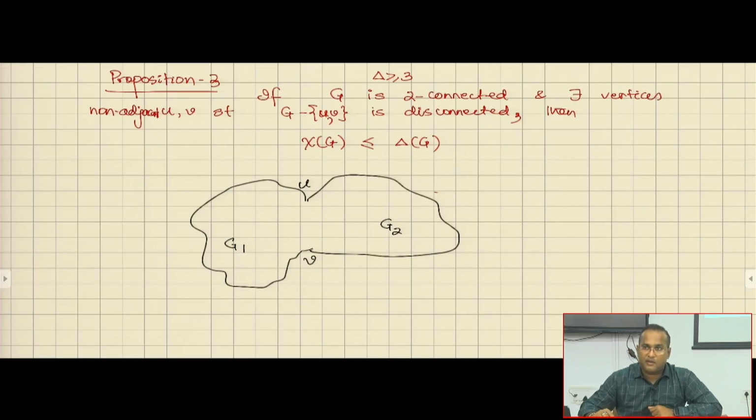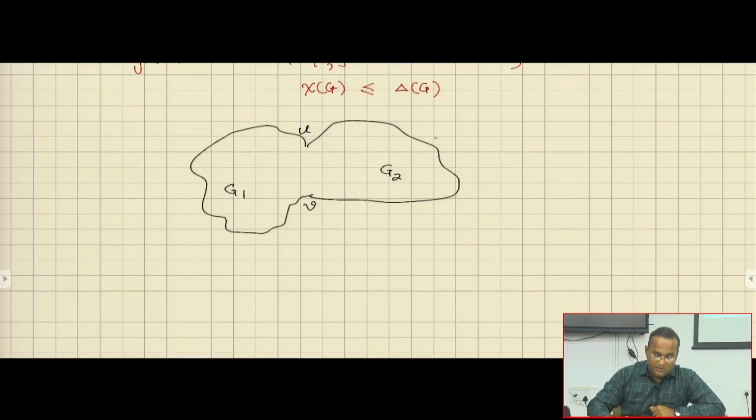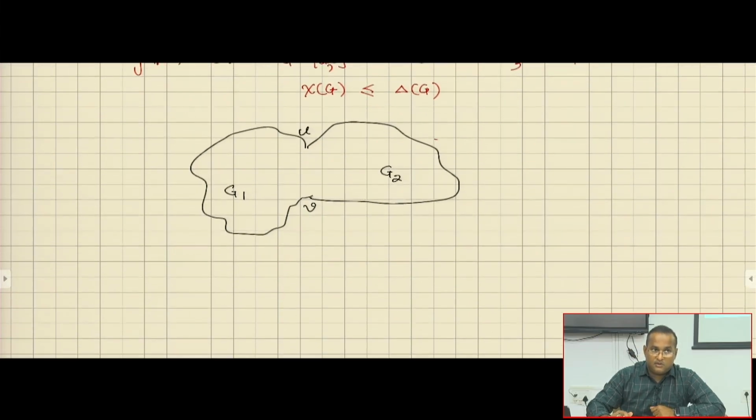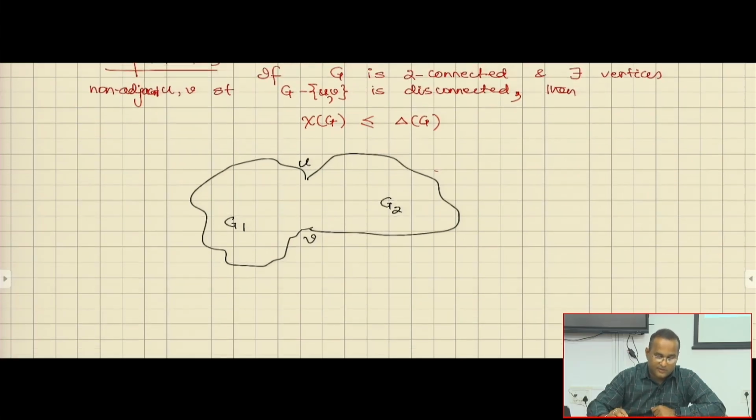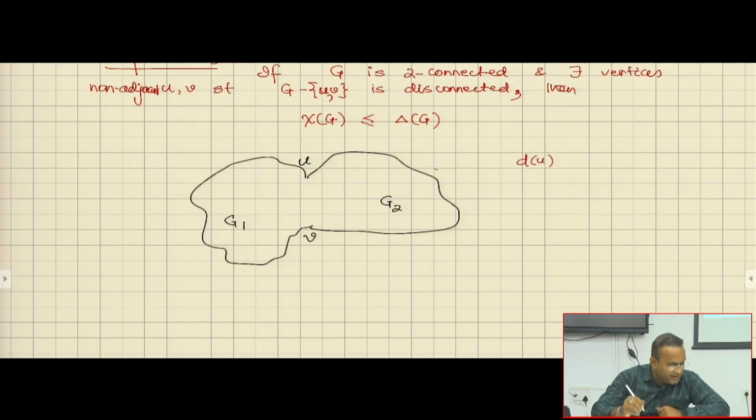How to say? Same U and V. So how to do that? What is the degree of U? If U and V are not adjacent, then the degree of U is less than delta.